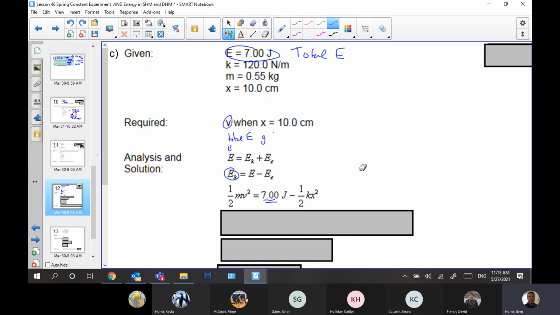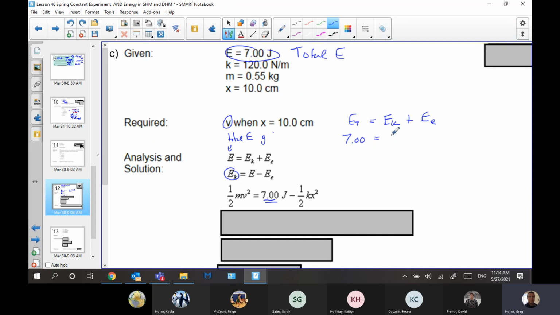So the trick is now to think, what is this energy made up of at any spot? Maybe instead of solving right away, I might just show that where you've got the 7.00, the total energy. We're saying that that's equal to, at any point in time, the kinetic energy plus the elastic potential energy. And we want to know what the speed is when we're at 10 centimeters.